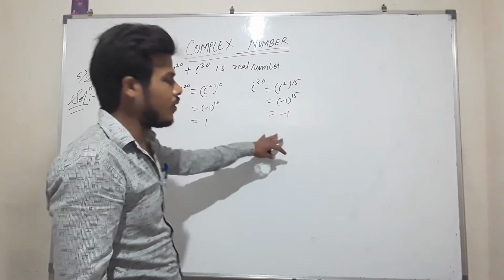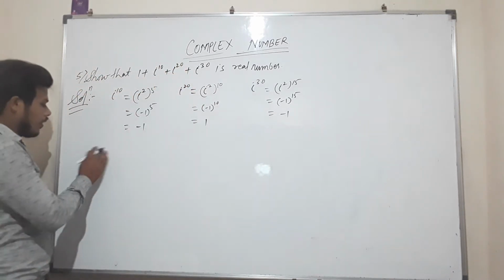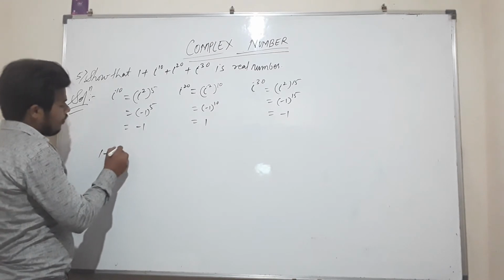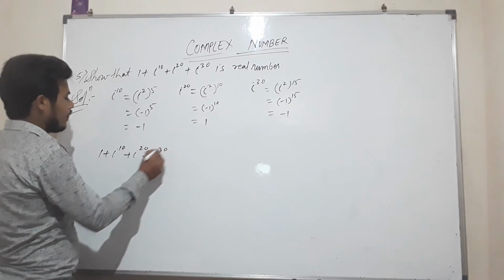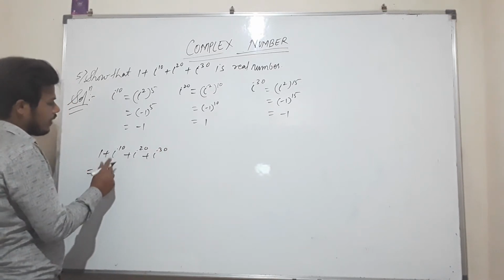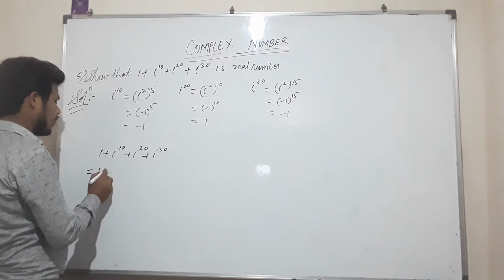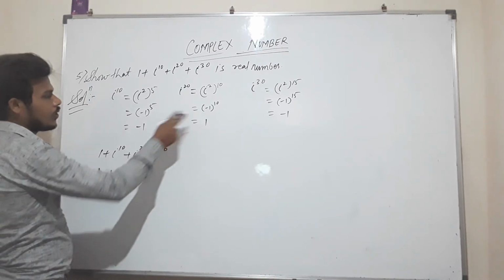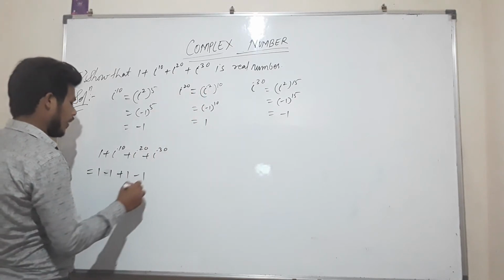Now we will substitute these three values in the equation given in the question. So 1 plus i raised to 10 plus i raised to 20 plus i raised to 30 is equal to 1 as it is. The value of i raised to 10 is -1, so it is minus 1. The value of i raised to 20 is 1. And the value of i raised to 30 is again -1.